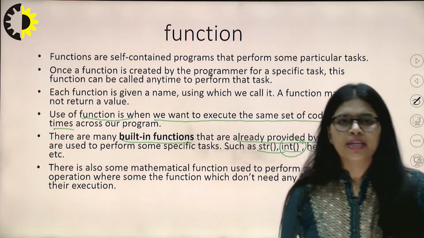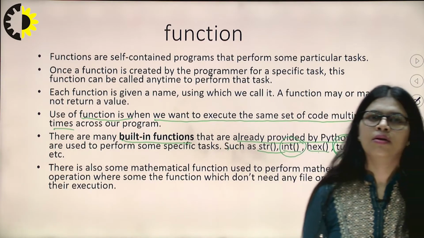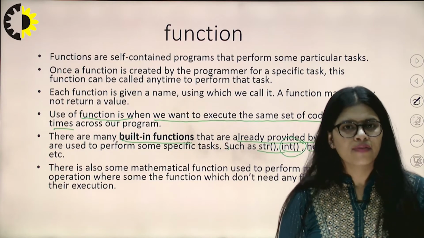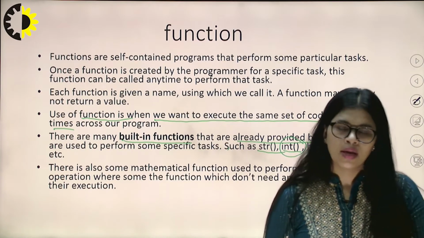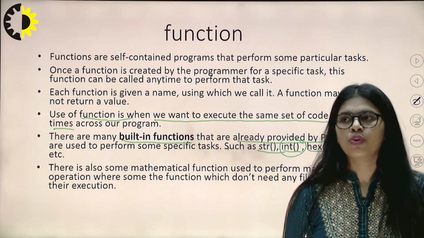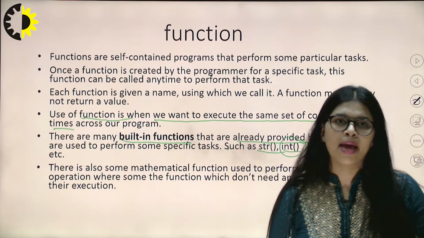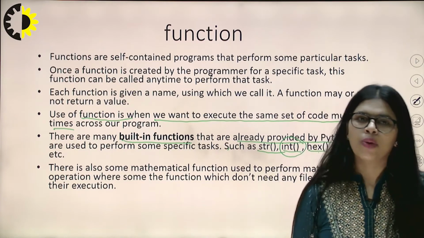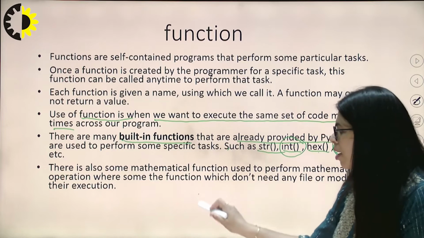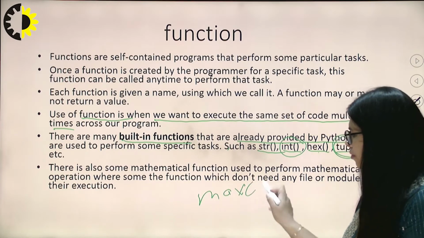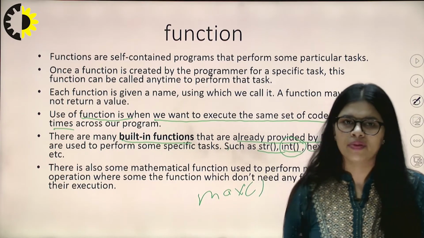Apart from the built-in functions, there are various mathematical functions that can be used. If we want to print the maximum value between two variables, we can use the max function.